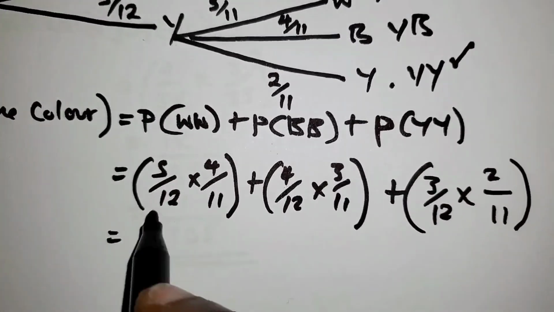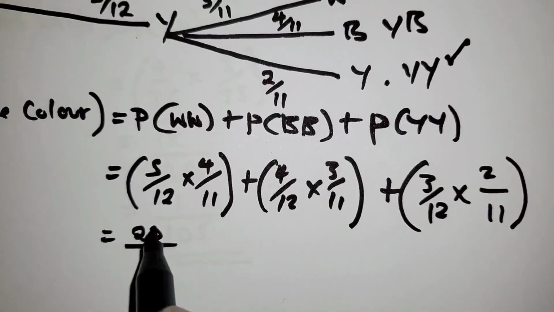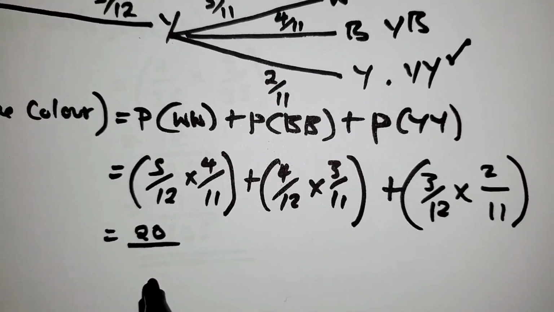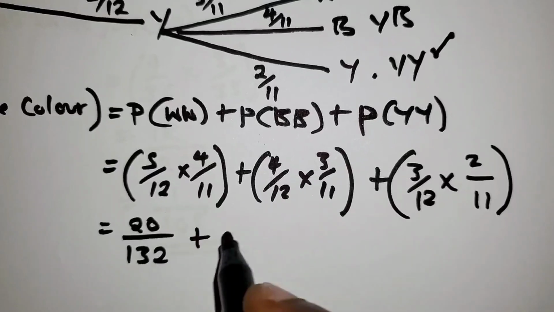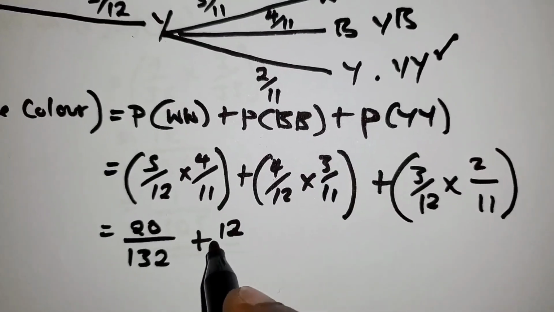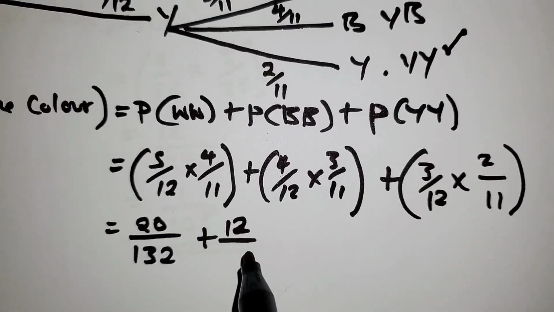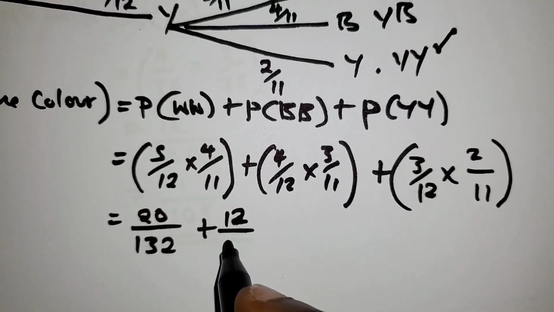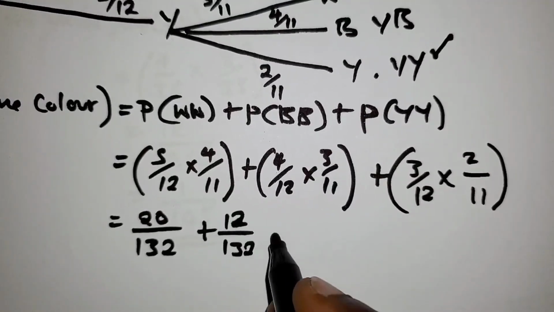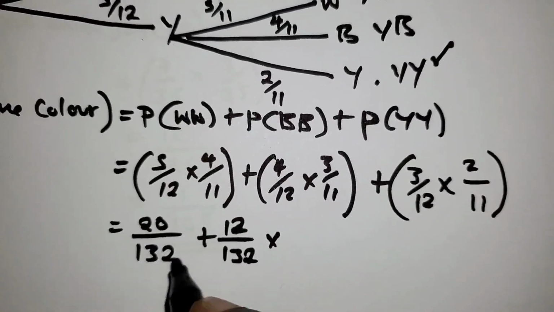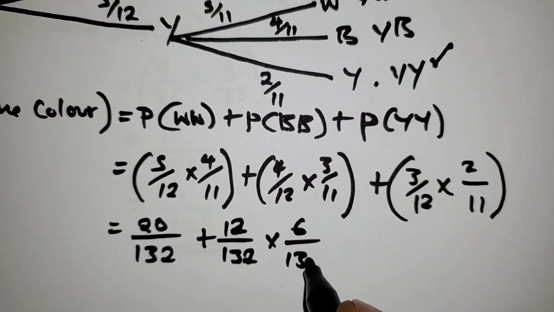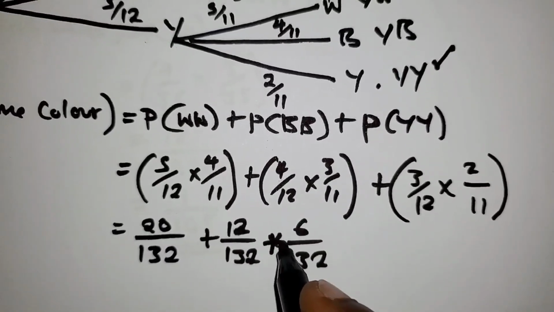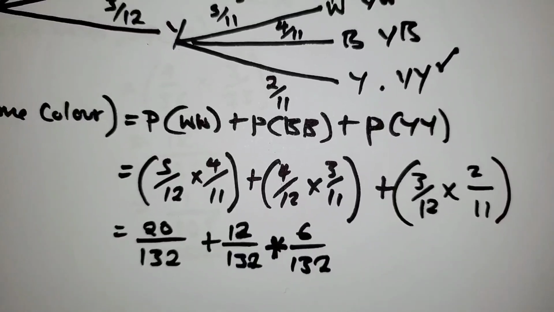Okay, so here just a matter of multiplying. 5 times 4 is 20. 12 times 11 is 132. Plus this gives us 12, 4 times 3, 12. 12 multiplied by 11 is 132. Same as this one, there we're going to have 6 over 132.